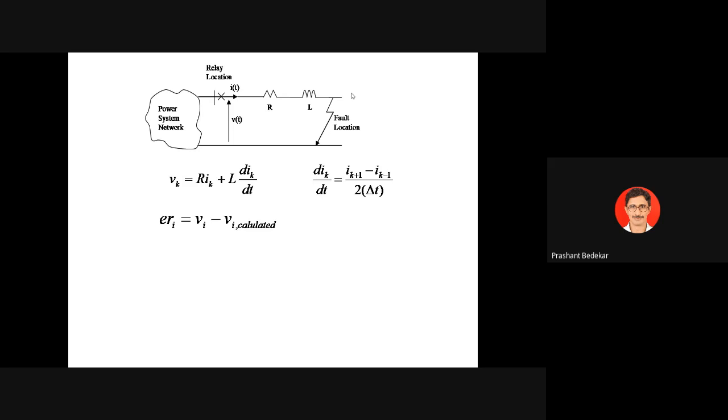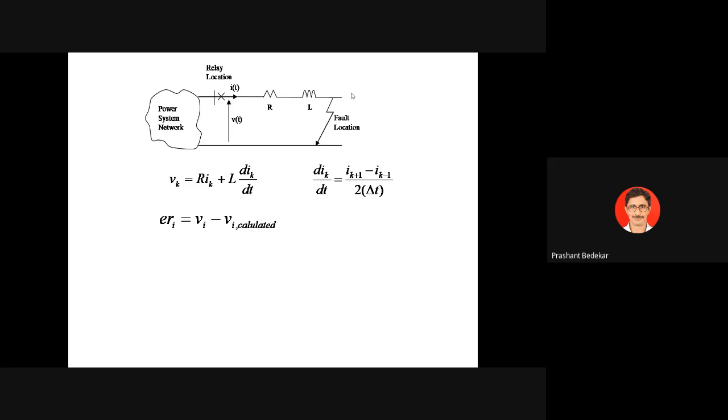So what we are doing, we will assume some values of resistance and inductance. And with that assumed value, we will calculate the voltage: V_k is equal to R i_k plus L di_k by dt. We are taking current samples and voltage samples.